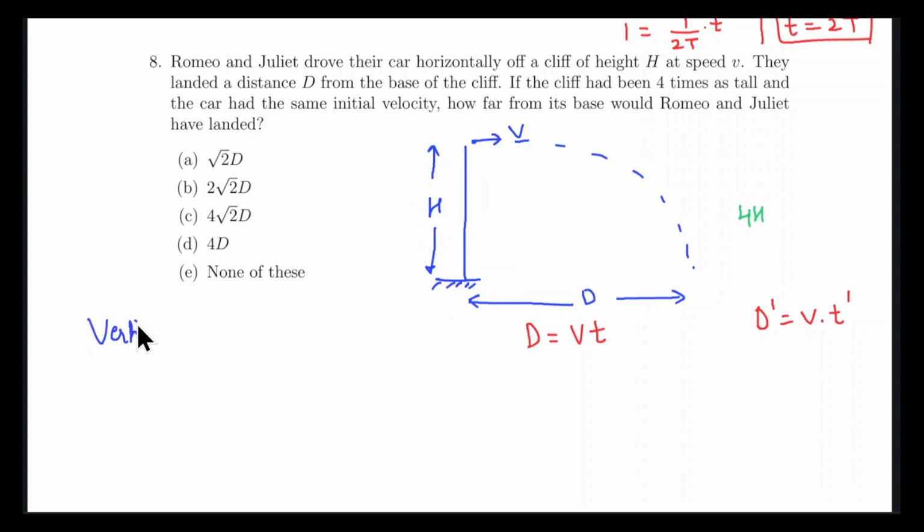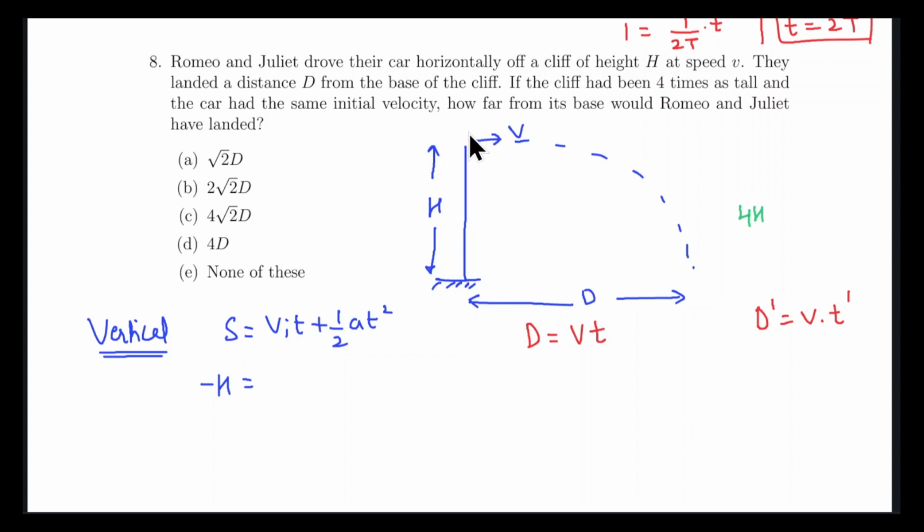If I apply the second equation of motion in the vertical direction, I know that displacement is h going downwards. I know we take downward direction as negative, but just to avoid any confusion, I'll do that. So s is equal to v initial times t plus half a t square. S is minus h.